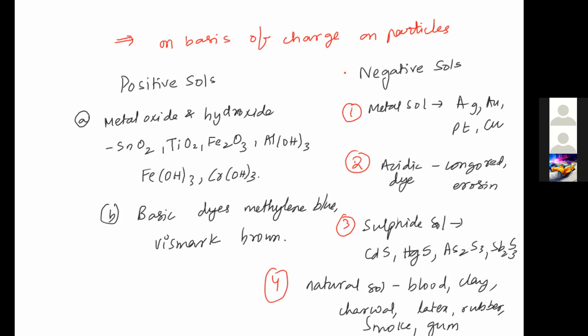Okay, I'm clearing it. So on the basis of types of particles of dispersed phase, we have multimolecular, macromolecular, and associated colloids. First, let me start with multimolecular.